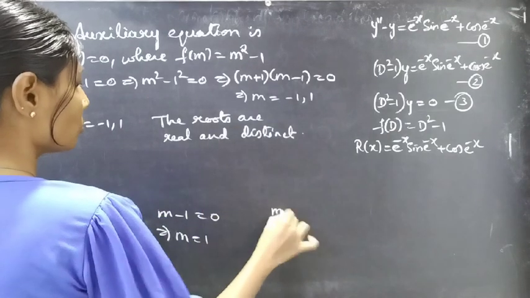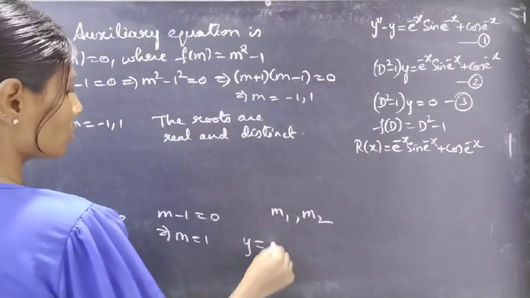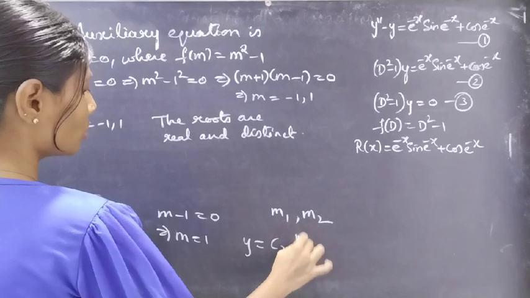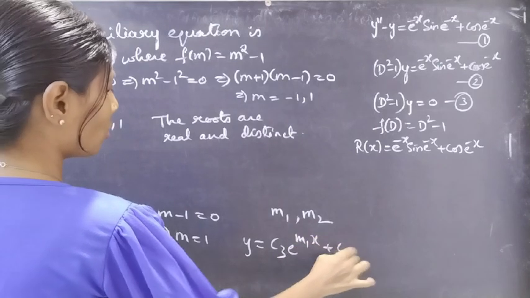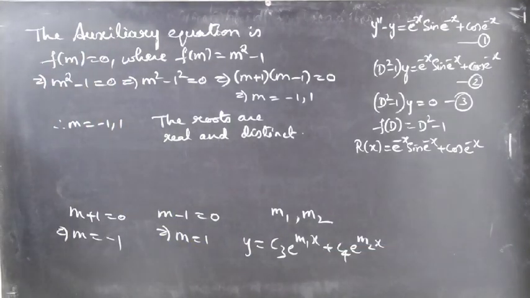We know that when two roots, say m1 and m2, are real and distinct, then the solution to homogeneous equation looks like one constant into e power one root into x plus another constant into e power another root into x. So here we are taking C3, C4 instead of C1 and C2 because I want C1 and C2 to appear in the last general solution.